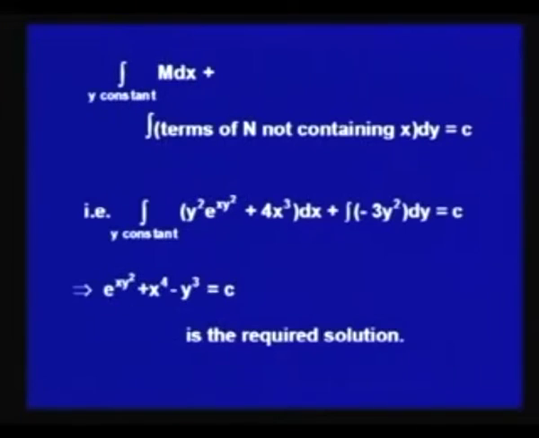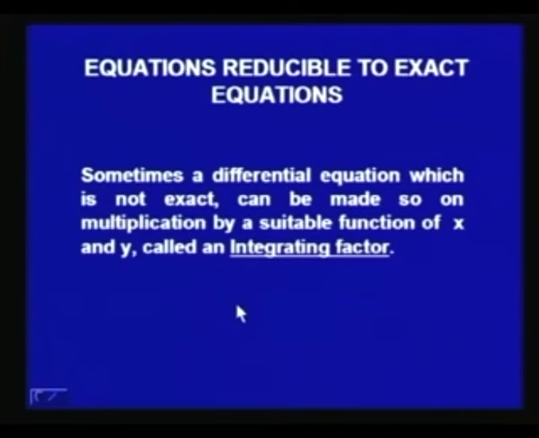Hence, the solution of the differential equation is integral M dx, where y is constant, plus integral of terms of N not containing x dy equal to c, which will give us integral of (y square e to the power xy square plus 4x cube) dx, where we will take y as a constant during integration process, and then integral of minus 3y square dy equal to c, and we can see that the integral is e to the power xy square plus x to the 4 minus y cube equal to c, which is the required solution.